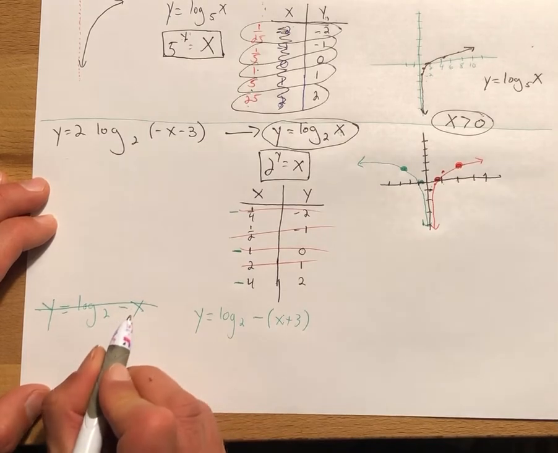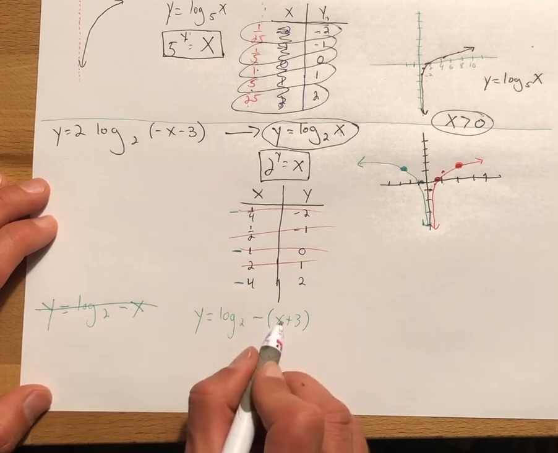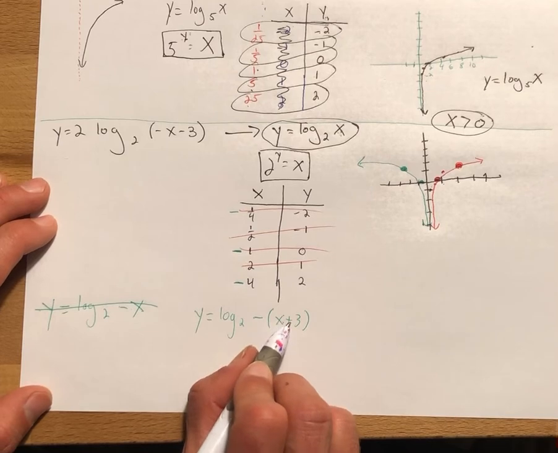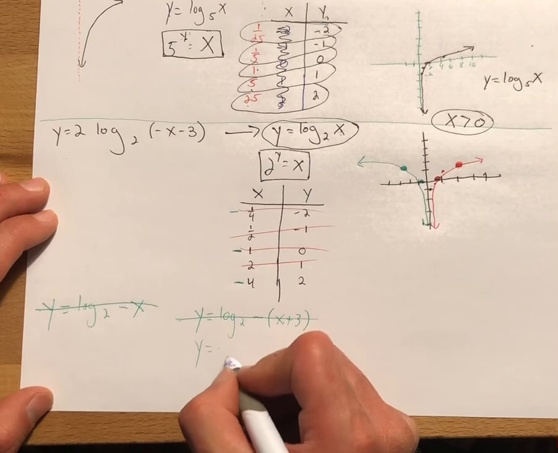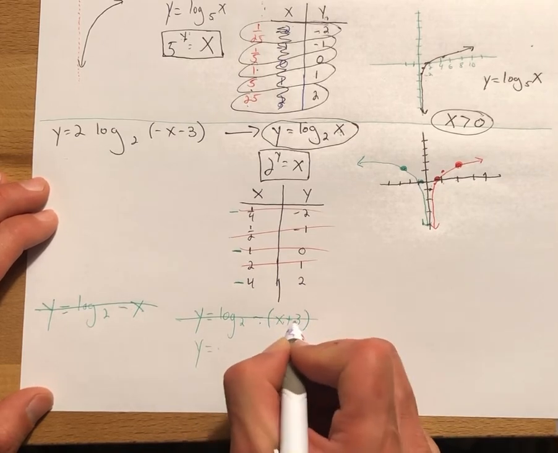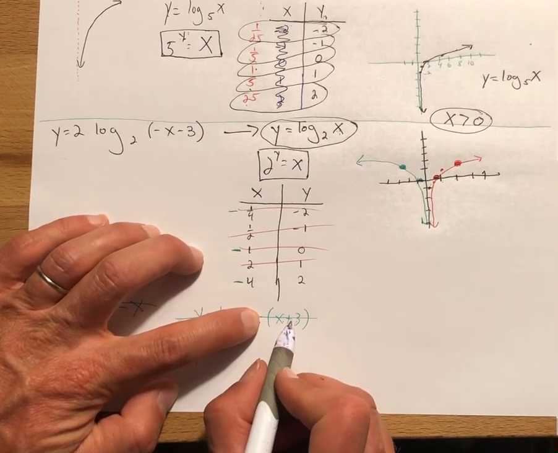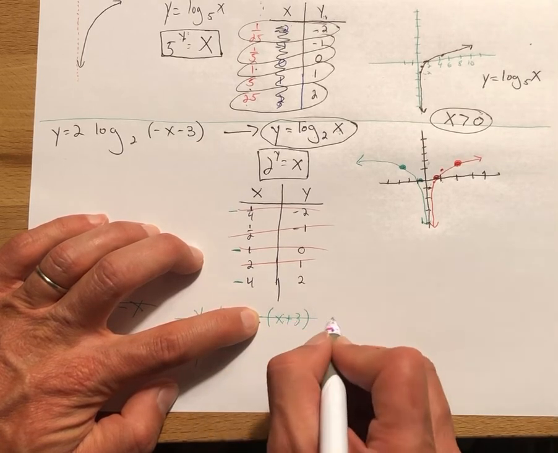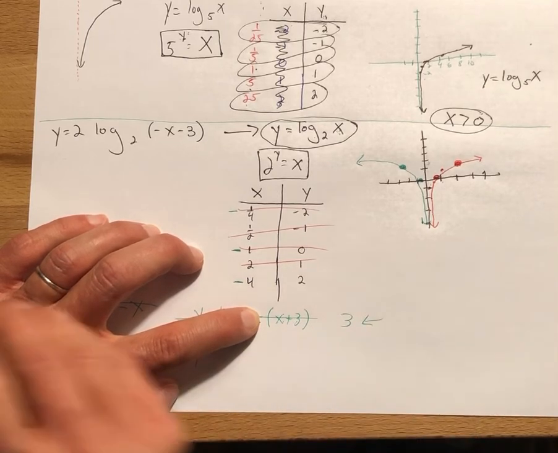Technically, I am keeping the negative x, and then x plus 3. The reason why I'm doing this is because x plus 3 is a translation. Remember, if you have a positive x and then plus 3 inside the parentheses, the whole graph moves 3 units to the left, the opposite way.